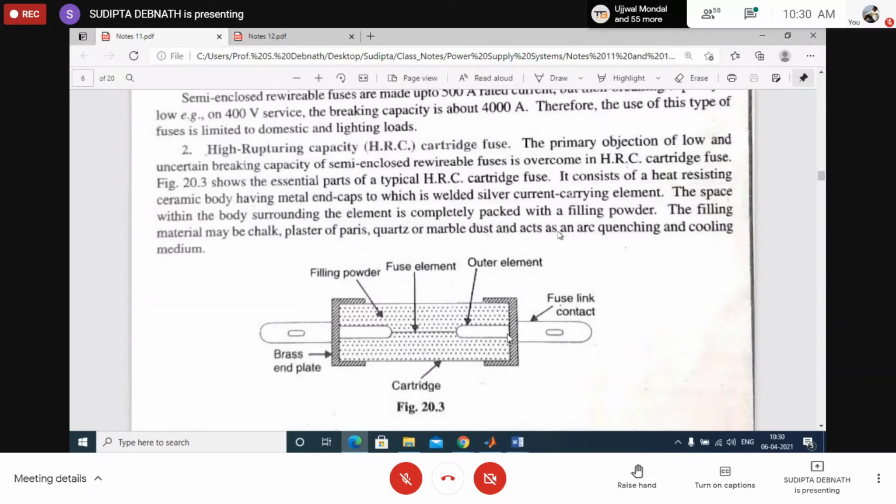These are the metal caps to which a welded silver current carrying element is connected. The space within the body is surrounded by filling powder. Filling powder may be chalk, plaster of Paris, quartz or marble dust, and acts as an arc quenching and cooling medium.